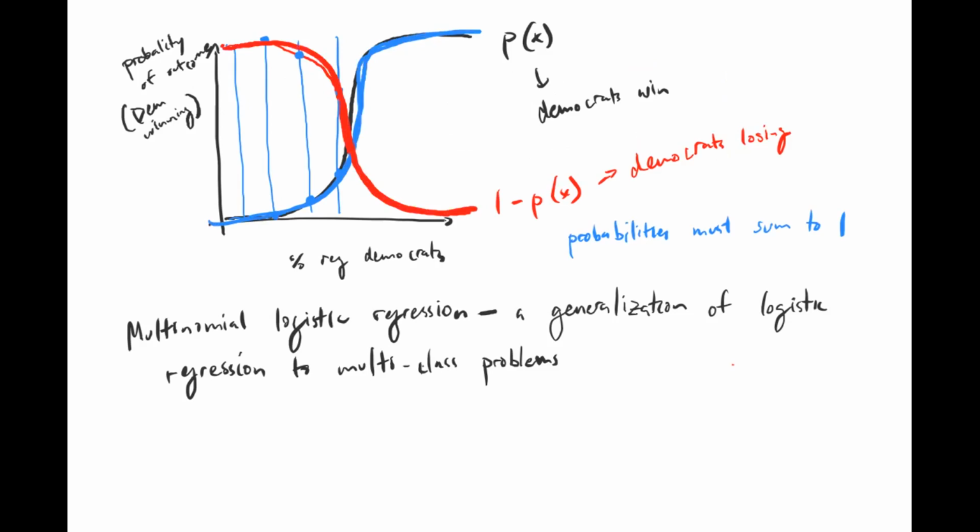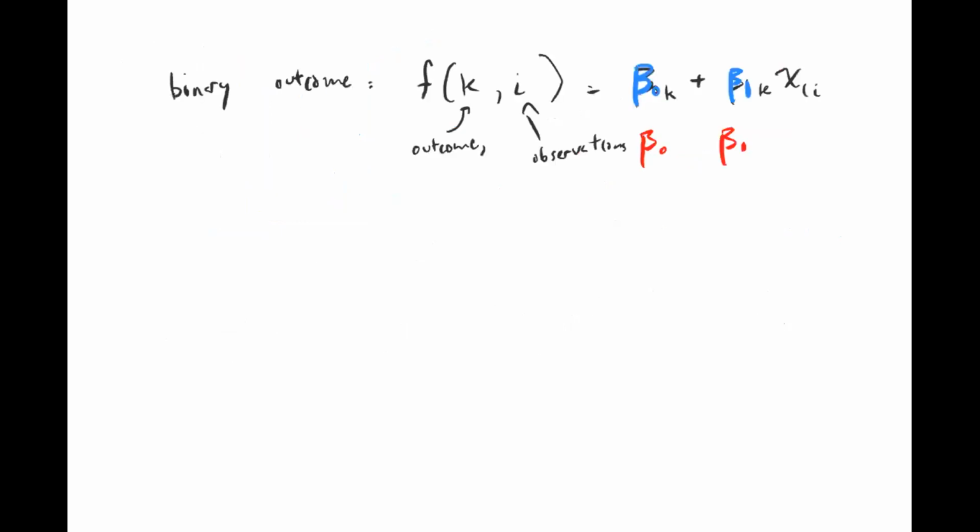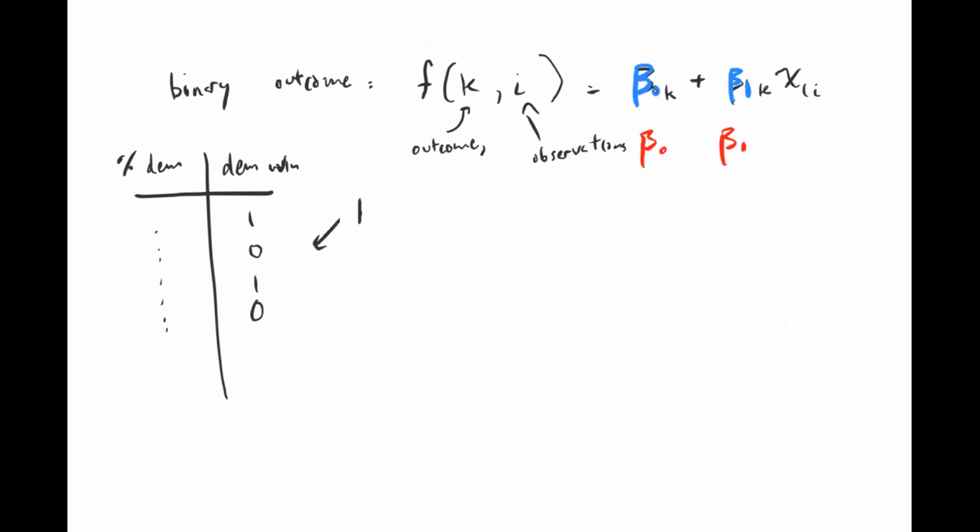But we don't show the other set of betas. And if you remember the table, you've got percent Democrats here, and then Democrats winning. So you have 1, 0, 1, 0. So in this case, K has only 2 outcomes.